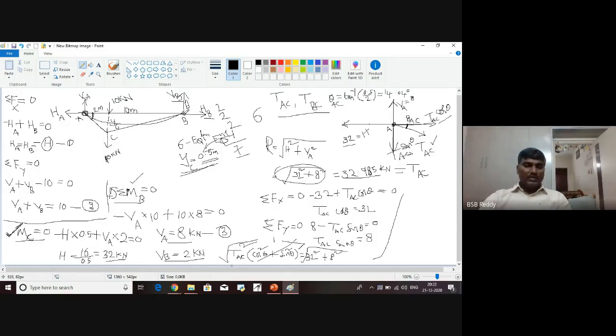Similarly, on the other hand side, if you do it, you will get the TBC value. So I straight away write the TBC value with the concept of collinear system. So what do you have? Square root of h square plus VB square you should write. So what is h? 32 square.